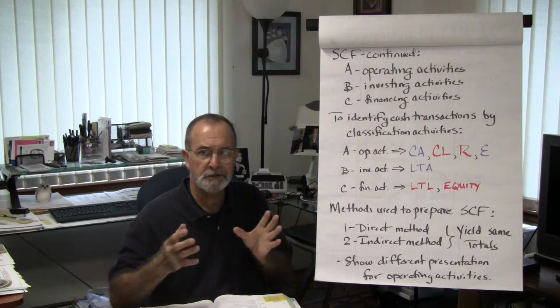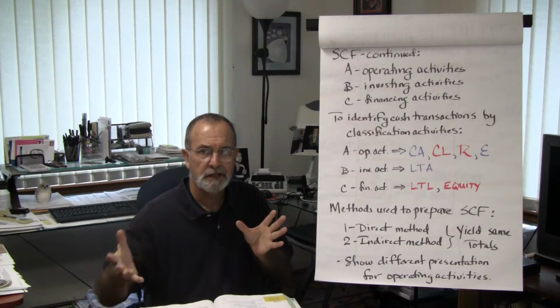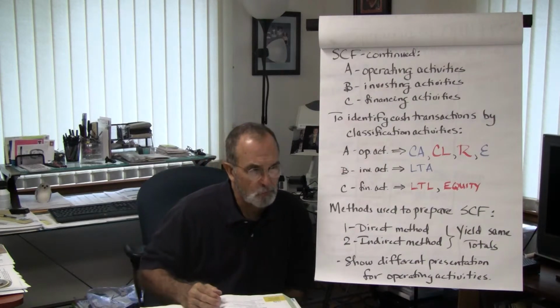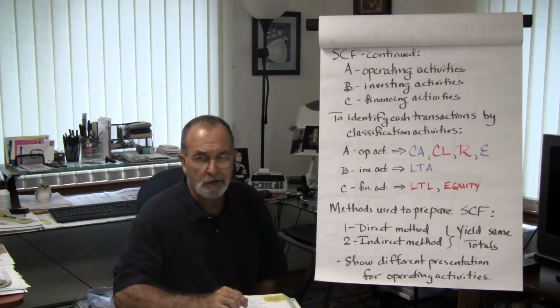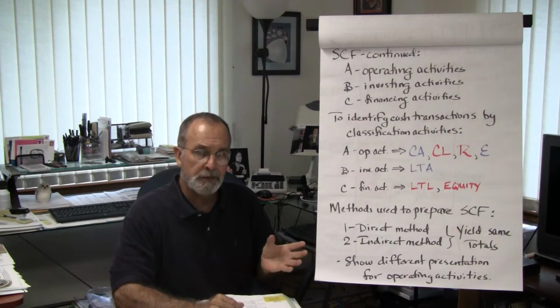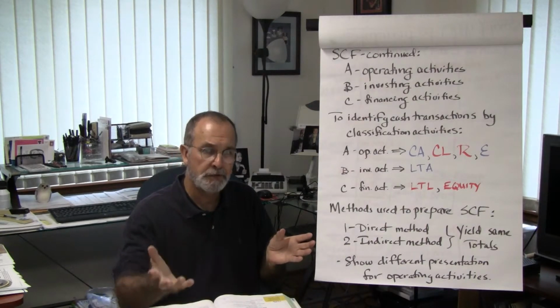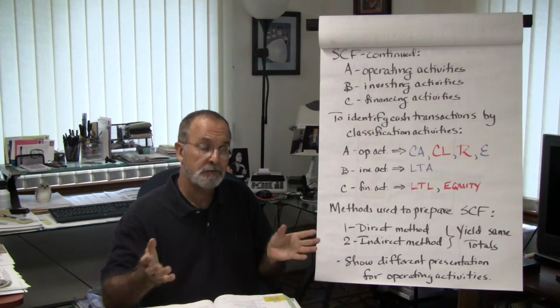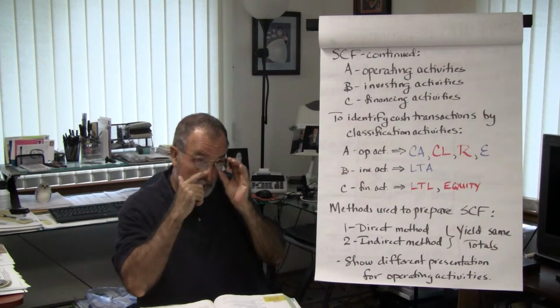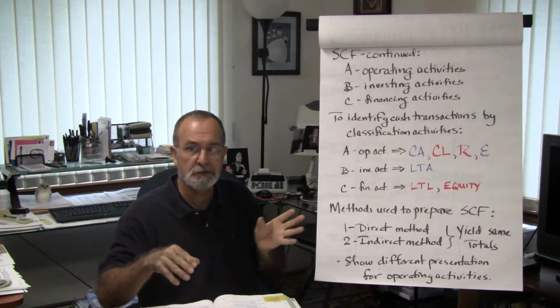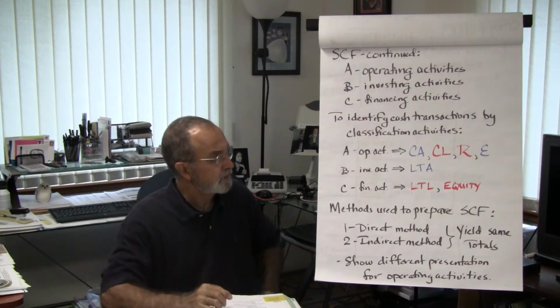So there's that relationship between cash and sales. Anytime we make a sale on account, we would debit accounts receivable and credit sales. So there's that relationship between accounts receivable and sales.